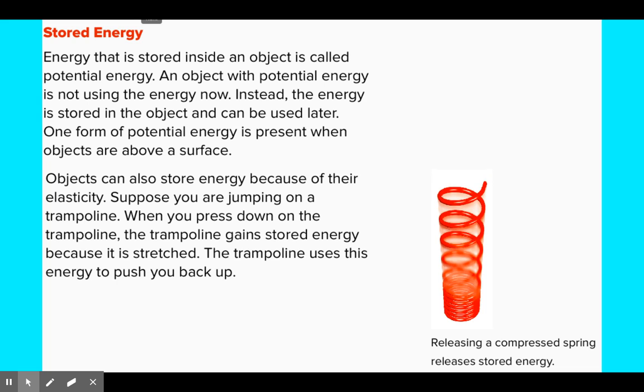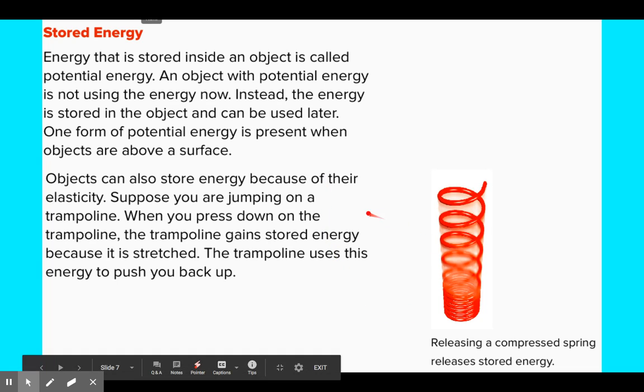That means a ball resting on a floor will have less energy as compared to a ball that is resting on the peak of a mountain. So if the object is at a greater height from the surface, it will have more potential energy.